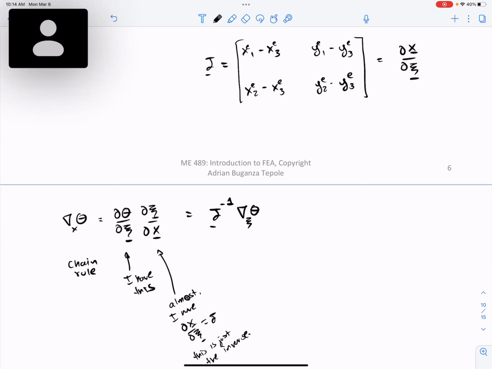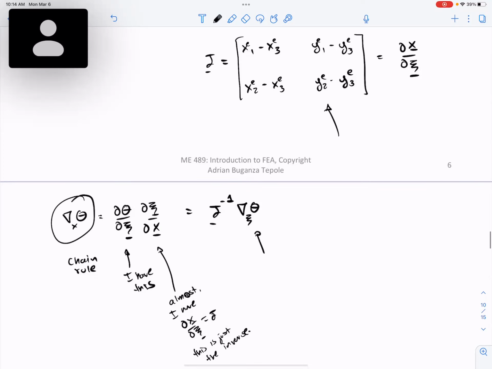So again, given a value of psi1, psi2, I can evaluate x, I can evaluate theta, I can evaluate the gradient of theta with respect to psi, I can evaluate the Jacobian, and then I need to invert the Jacobian, and the multiplication of that inverse Jacobian matrix times the gradient with respect to psi will give me the gradient with respect to x, which is what I want.